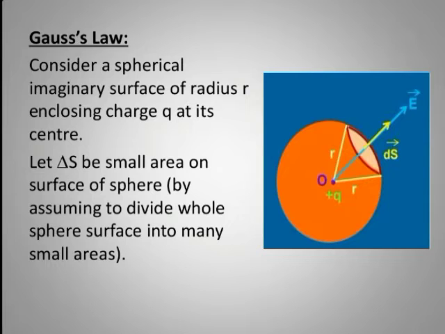So this is something called Gauss law, and they are telling you delta S be a small area of the surface of the sphere. So this would be the surface, a small surface area of the sphere, by assuming to divide the whole into many small areas. Okay, so Gauss law tells you to consider an imaginary surface and the charges within that.